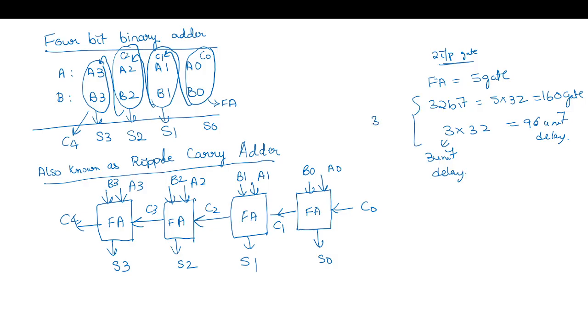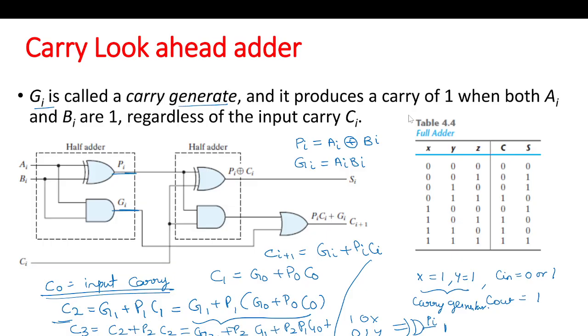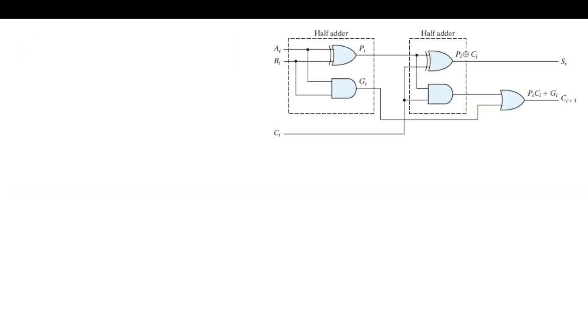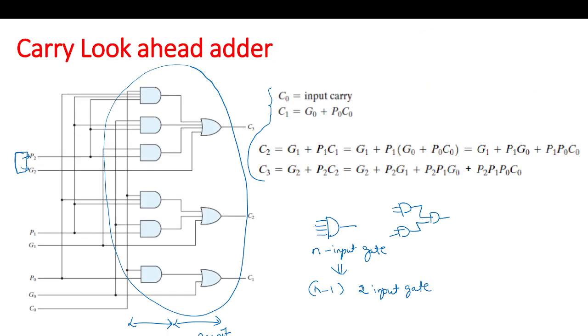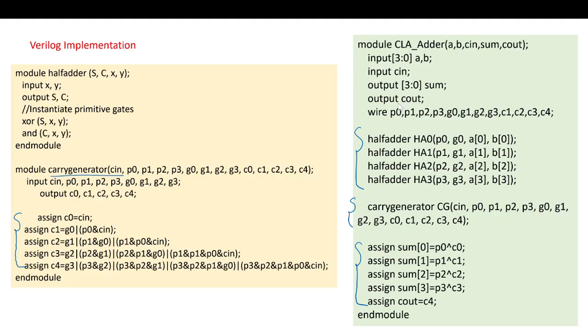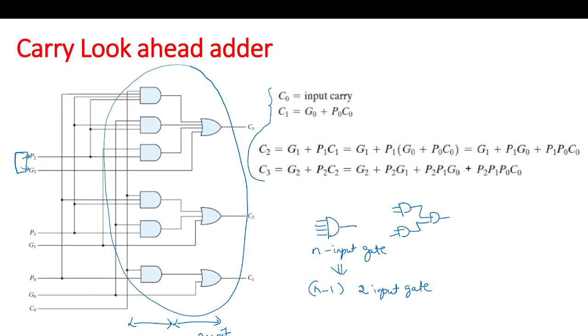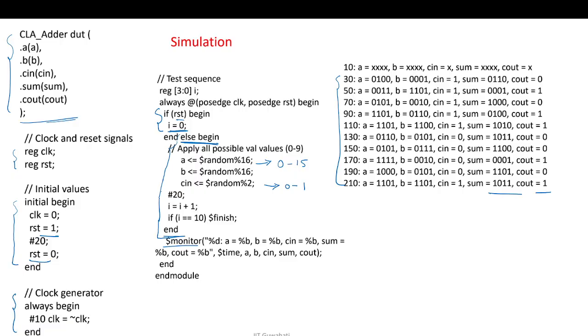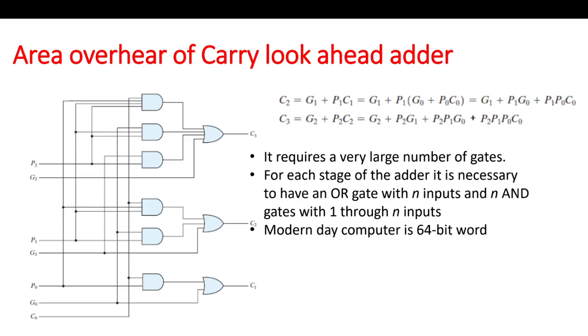for 32-bit addition. Whereas if we are using this carry lookahead adder, here we have 2 input gates, here we have 3, and here we have 4.